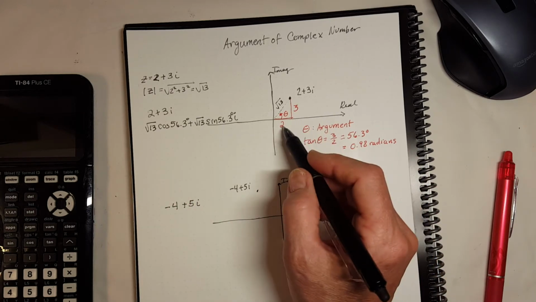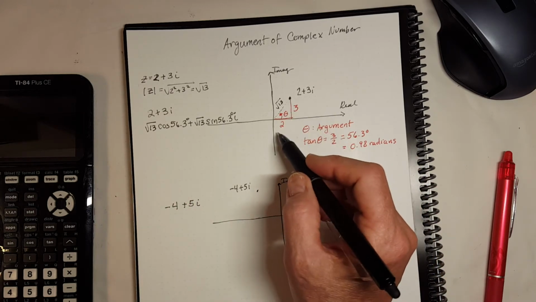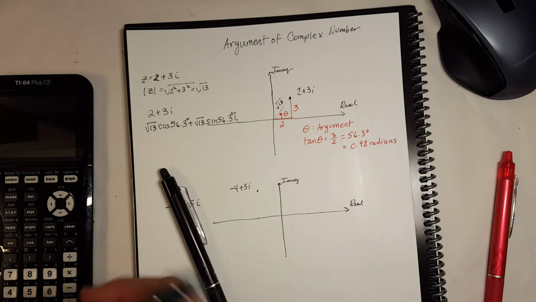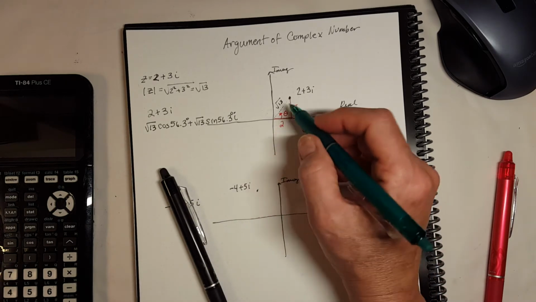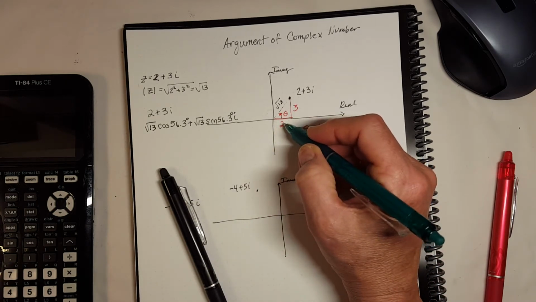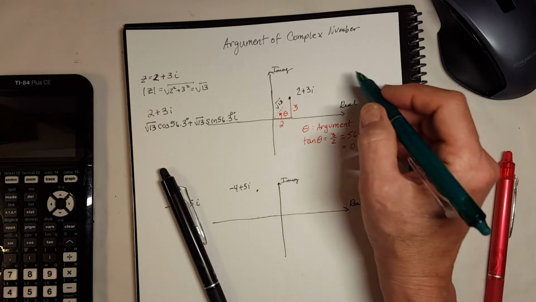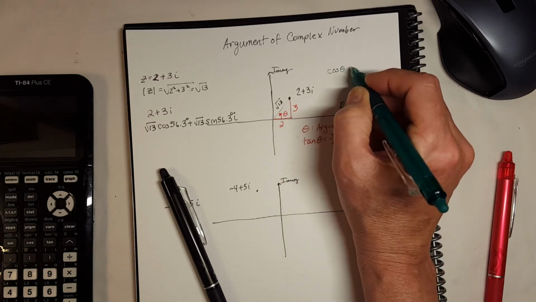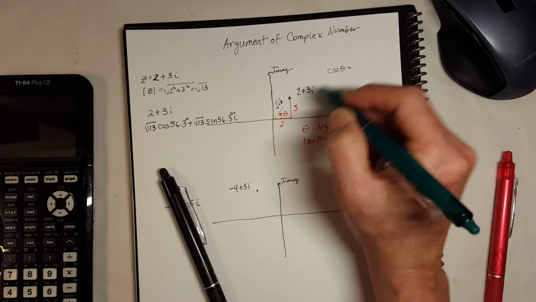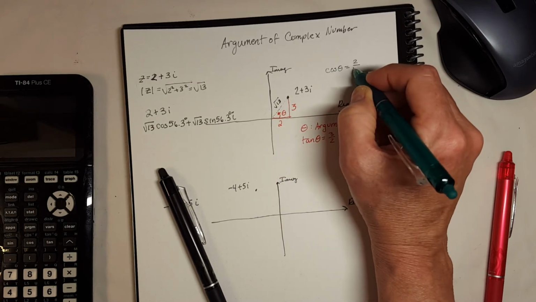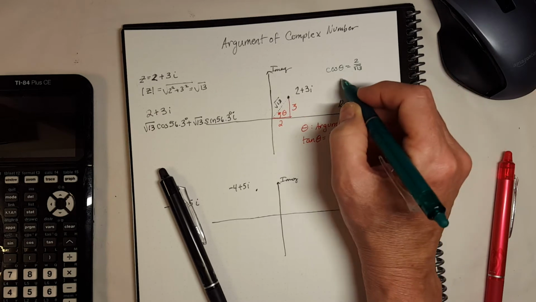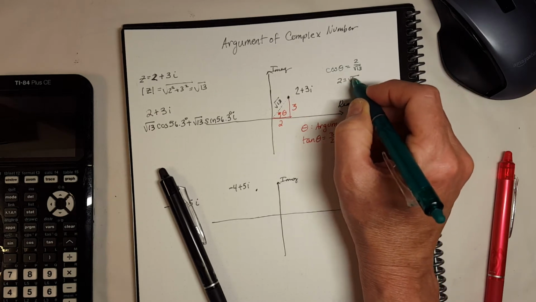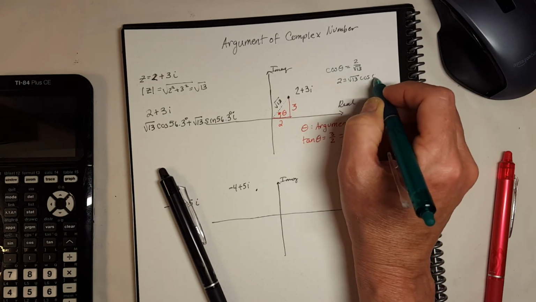Now think about it. If I look at this little right triangle and think about the trigonometry that goes with it, the cosine of the argument is equal to 2 over root 13. So 2 is equal to root 13 times the cosine of theta.